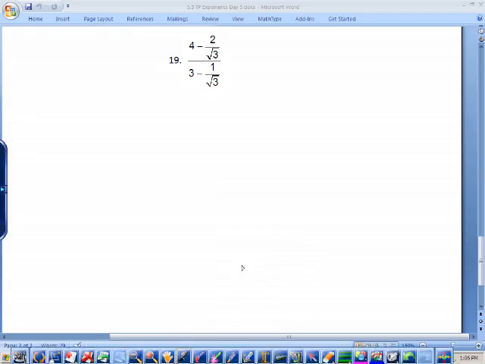Okay, there's a couple different ways to approach this one. I'm going to show you the way that I think works best. That's my personal opinion. If you find a different way to work it, that is totally fine. Notice that I've got some complex looking thing divided by some other complex looking thing.